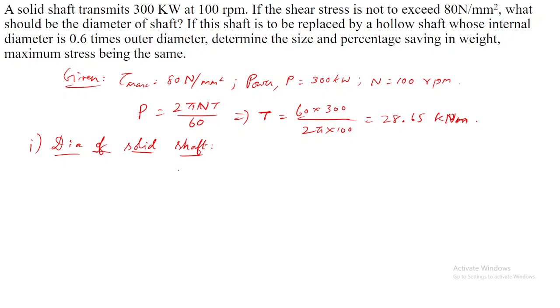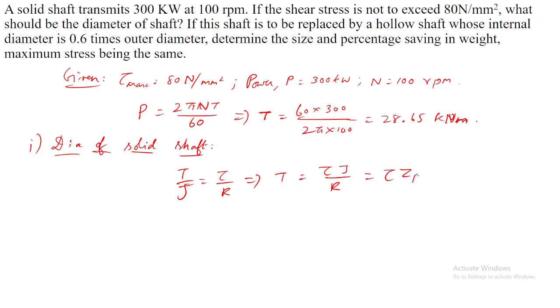So T by J equals tau by R, right? If you replace, T equals tau into J by R, so J by R is nothing but the polar modulus, right?